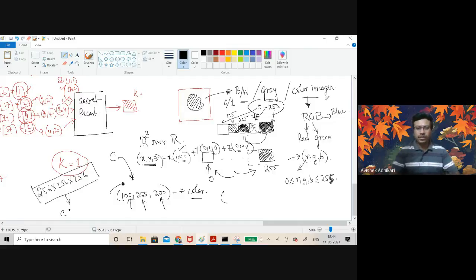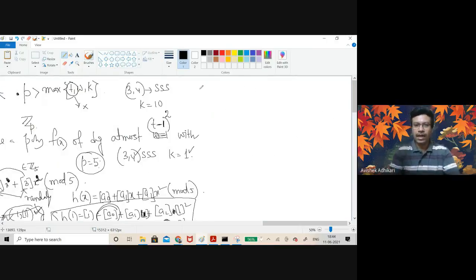So I'm not going into the details of this, but for the time being, we shall deal with grayscale images. For grayscale images, we'll have only these values, 0 up to some value V, which should be less than 255.